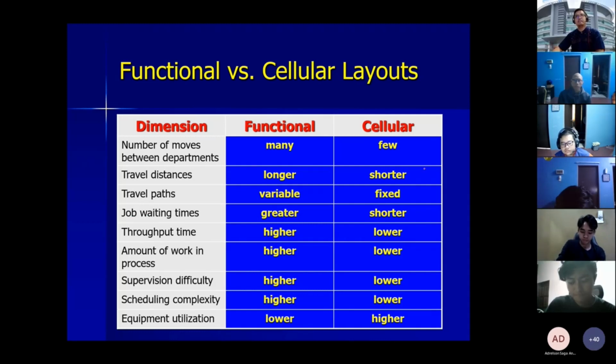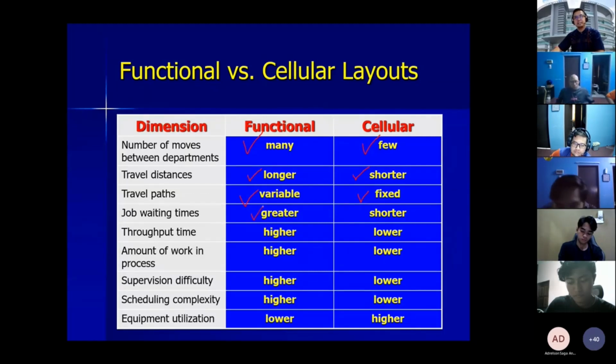What is the difference between a functional and a cellular layout? Based on our dimensions here, there are many moves between departments for the functional, but only a few moves between departments for the cellular. Travel distance might be longer for the functional and shorter for the cellular. Travel path is variable for the functional, and fixed for the cellular.